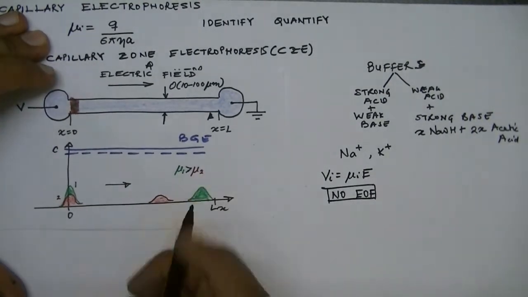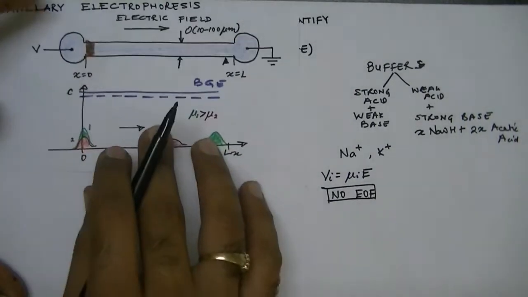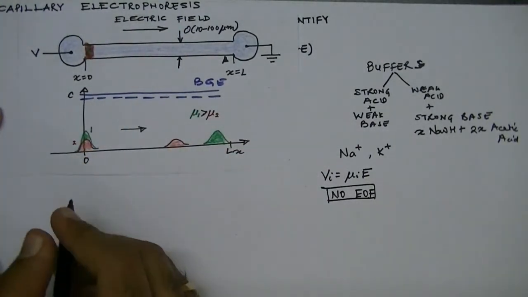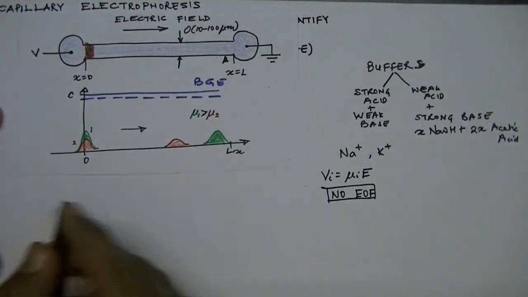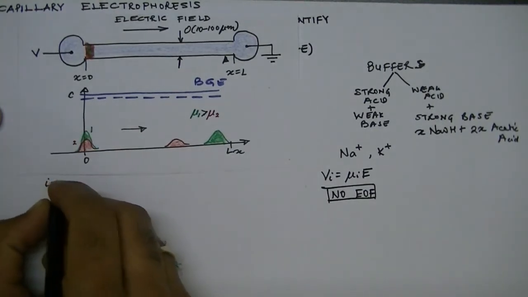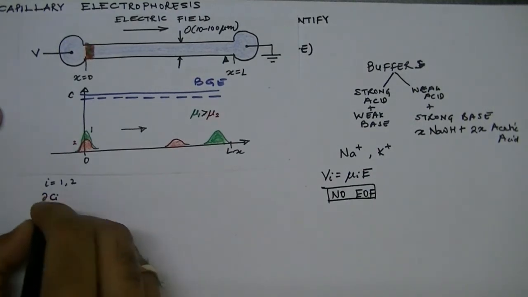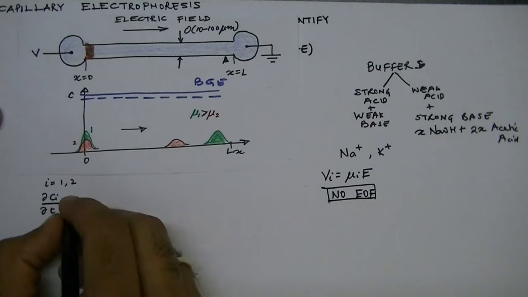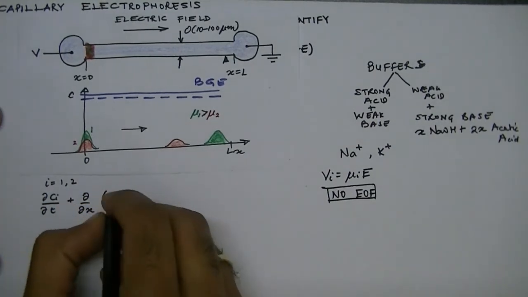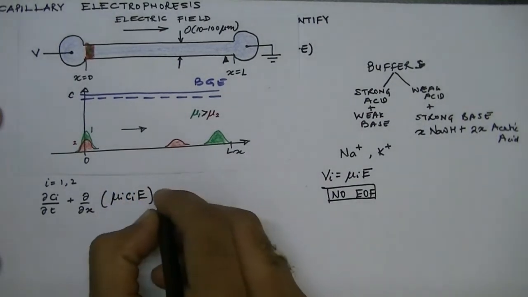Now to model the motion or the transport of these ions, we'll go back to our Nernst-Planck equations. For species 1 and 2, the Nernst-Planck equations, in the absence of any bulk flow, simplify to this.